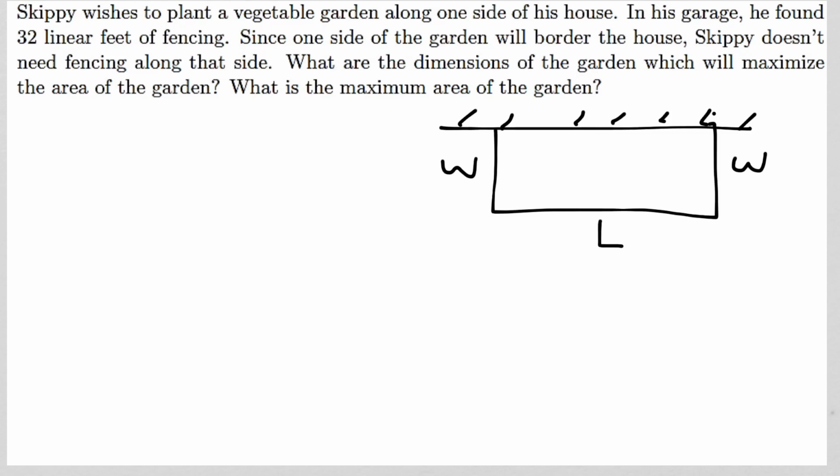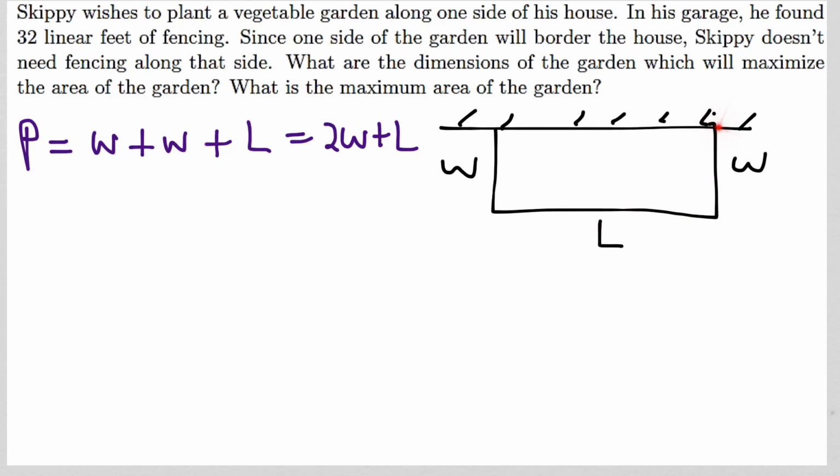The perimeter is equal to W plus L. It's three sides, so that's the same thing as 2W plus L. We need to have enough fencing, and he has 32 feet of it, and he would want to use it all to go from here, here, and here.